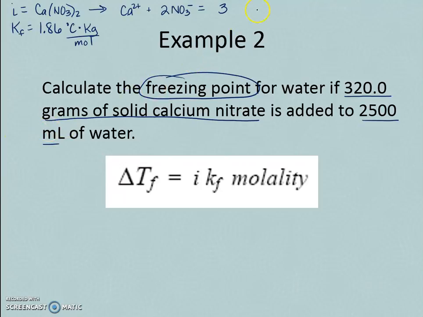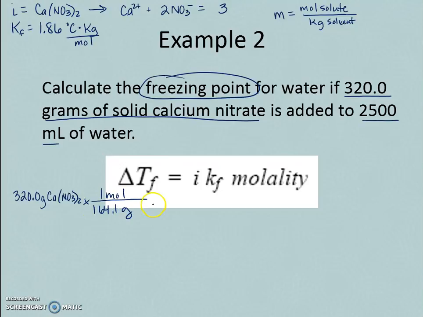Molality is equal to moles of solute over kilograms of solvent. So for moles of solute, we take 320 grams of solid calcium nitrate and change it to moles. 1 mole, and the formula mass of this monstrosity is 164.1.